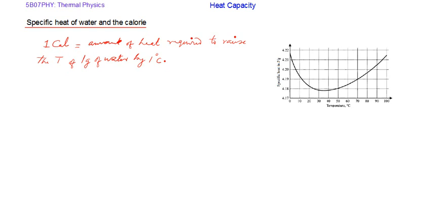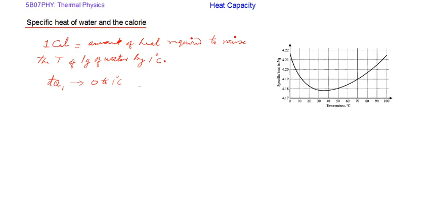So if you have 1 gram of water and you supply some amount of heat equal to d bar q1, let me call it, to raise the temperature from 0 to 1 degree Celsius, so let d bar q1 be the amount of heat required.